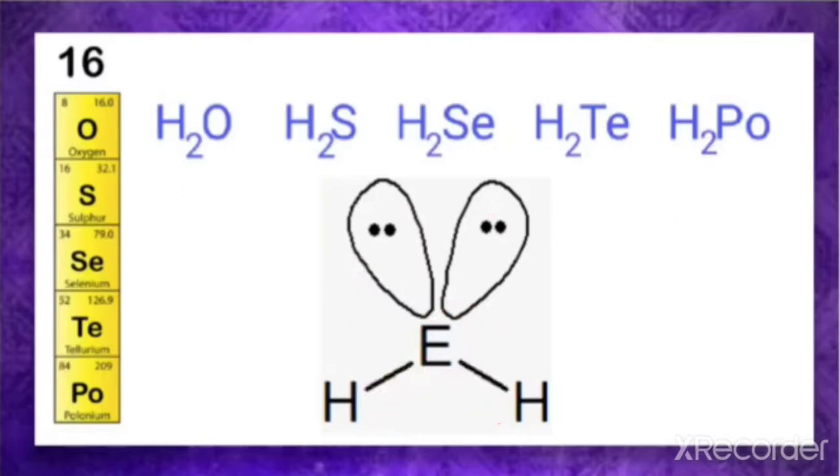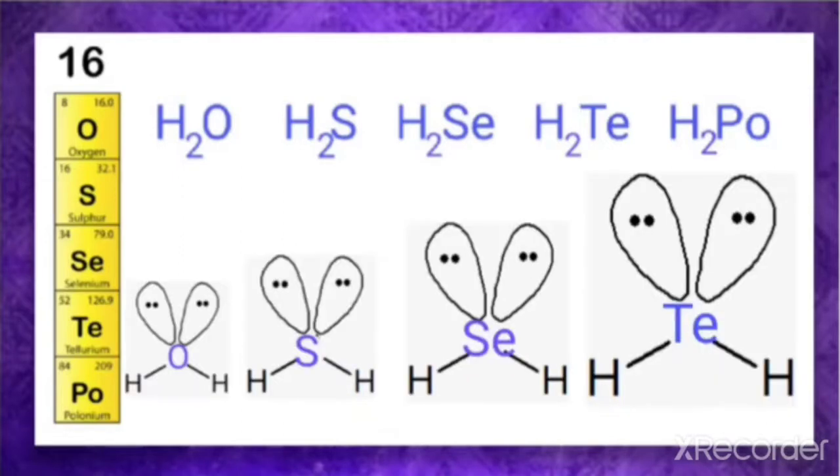So all these hydrides have a similar type of structure, that is a bent shape, but the geometry is tetrahedral. So when we make the structure for all these, it will be in this way. As we know, when the size of the atom increases, the bond length also increases.